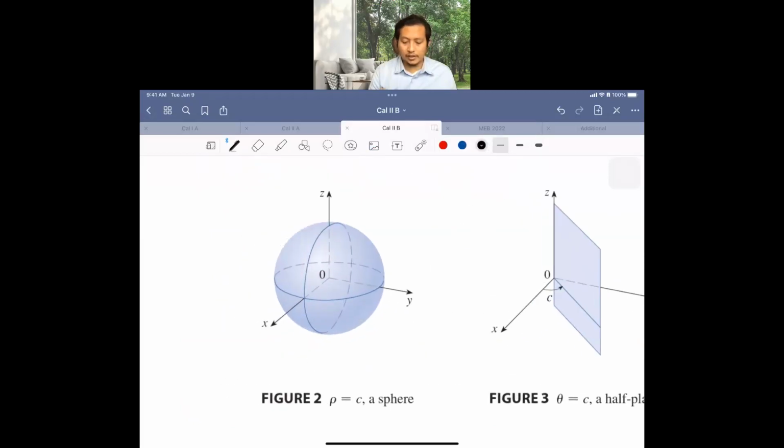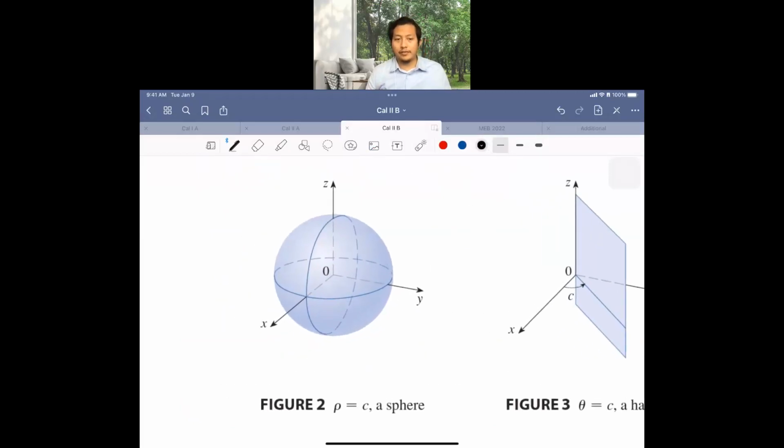If our radius is a constant, of course we would have a perfect sphere. It's like chapter 12, the quadratic surfaces. You remember the ellipsoid, right? If we have x squared plus y squared plus z squared equal to a constant a, this will be a sphere, right?